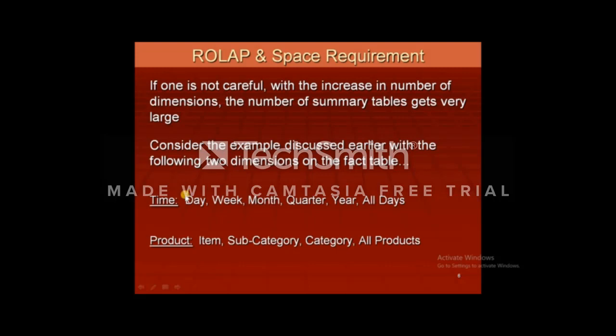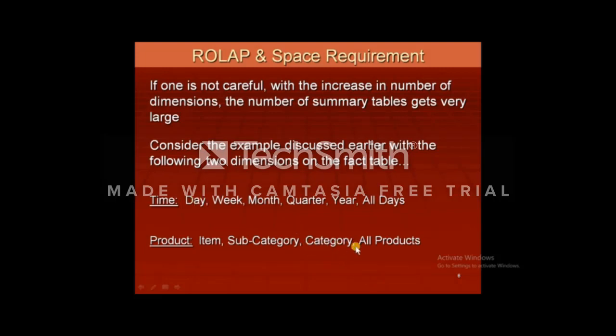How can we calculate the number of summary tables? Let's say we want to calculate the sales of each day for each item. This is one summary table. Similarly, we want to get the sales of all subcategories of an item for each day. Similarly, we can calculate the sales of each product category according to a day.